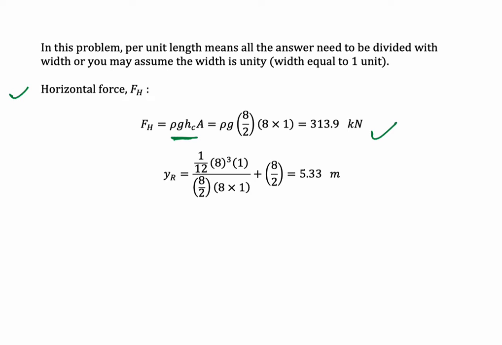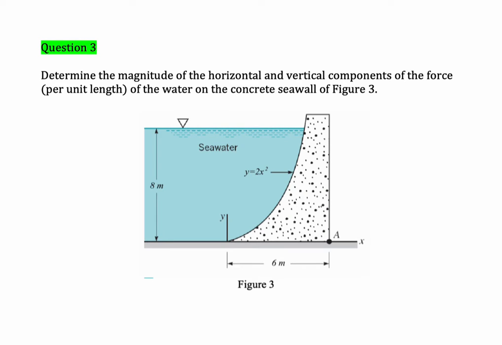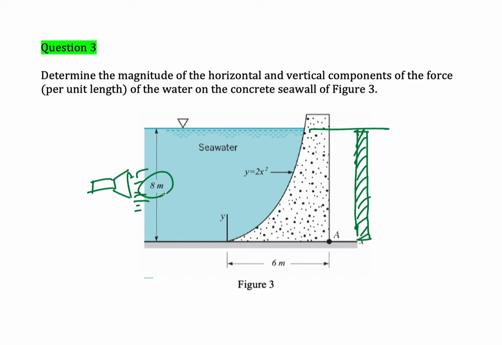In this situation, you just imagine the projection area of this curved surface. It becomes a vertical plane like this one. Because the depth is 8 meter, the centroid will be 8 divided by 2.